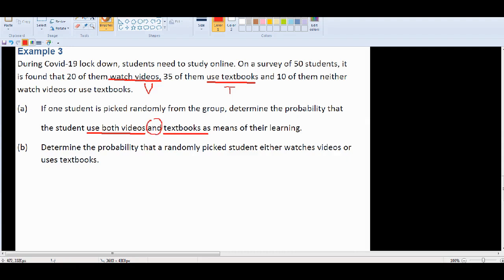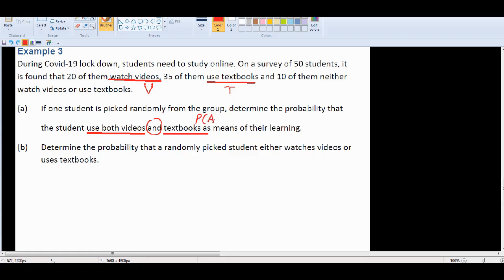You see the word "and": for one student, he or she uses videos and textbooks as both means of studying. So is it asking for intersection or union? It should be intersection, because the word "and" means it happens at the same time.